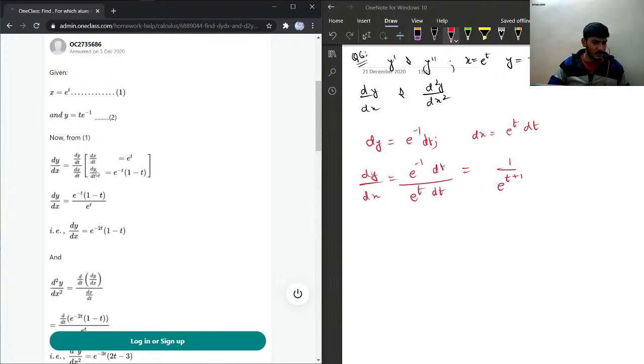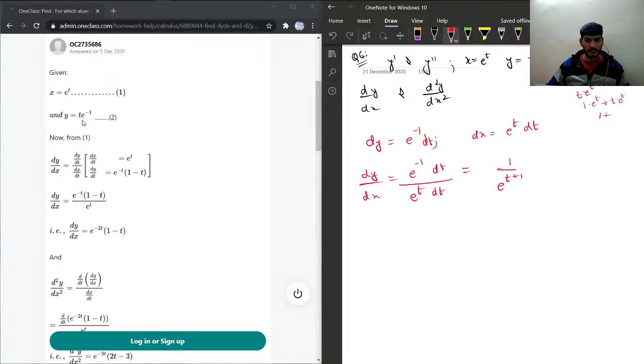Dy by dt, e power minus t 1 minus t. So I think they have assumed that this is t times e power t. Write it like this as e power t, then derivative will be 1 times e power t plus t times e power t.